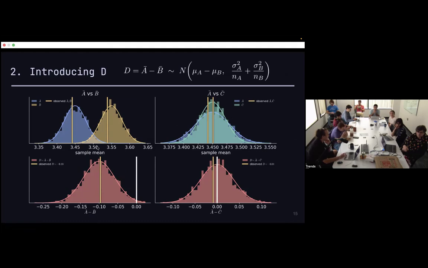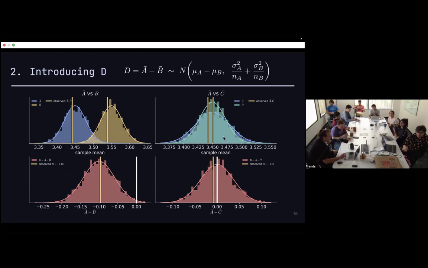Again, you see the gold line here. It's the difference of means in the example data set that I showed in the beginning, and the overall thing is following the Gaussian curve. You can also see that this sample mean is centered around 0.1, and it is kind of far away from 0, so it tells us that the dice are different in their means.